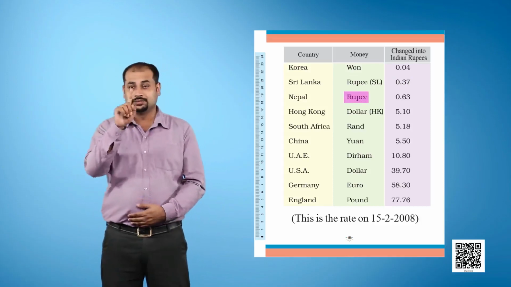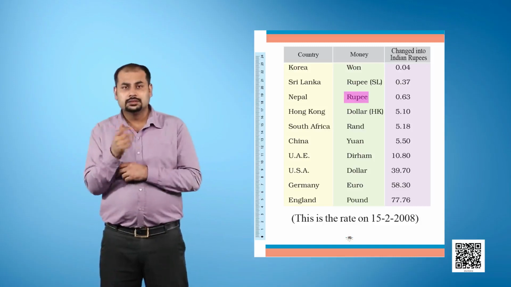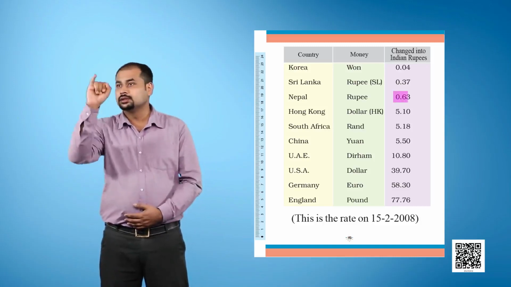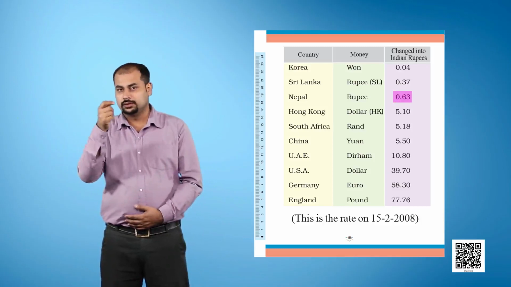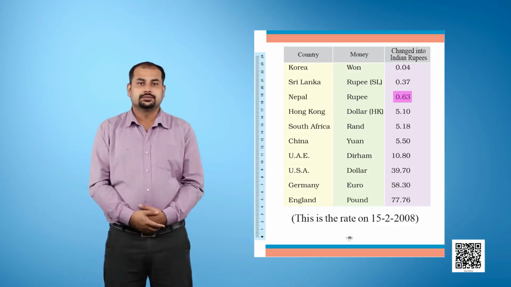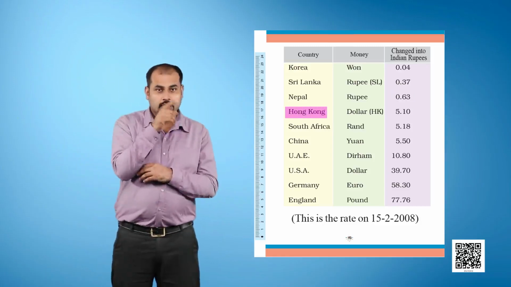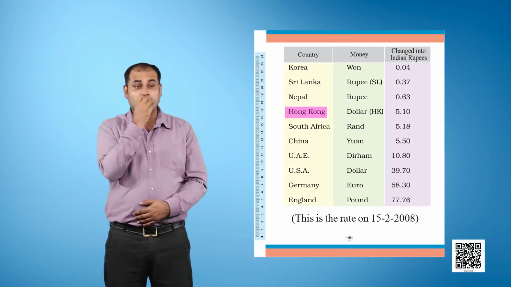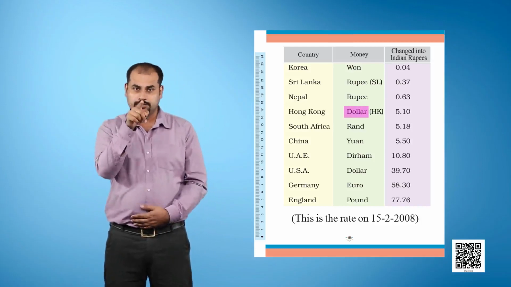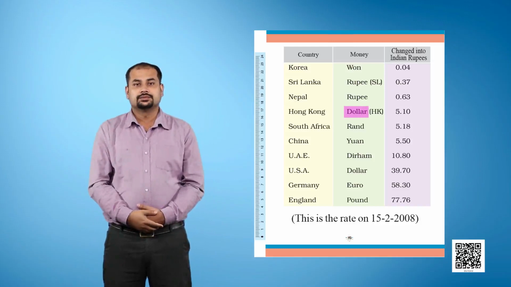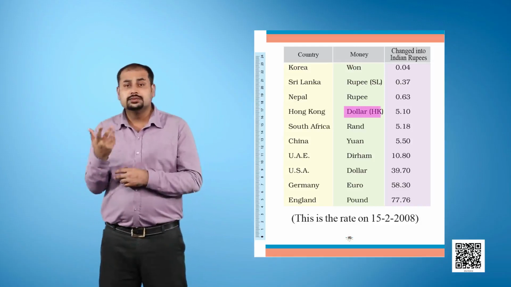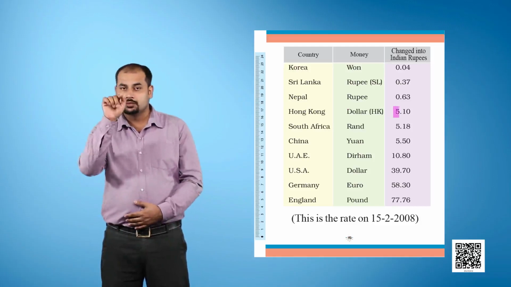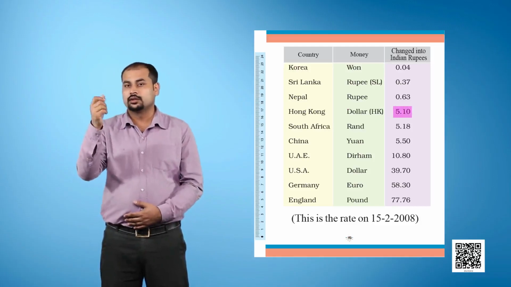Rupee, 0.63. Hong Kong. Hong Kong dollar, 5.10.